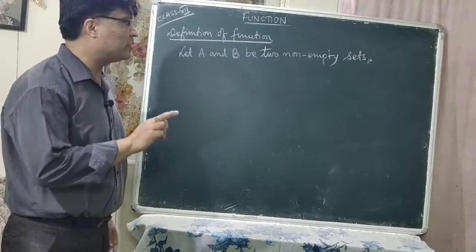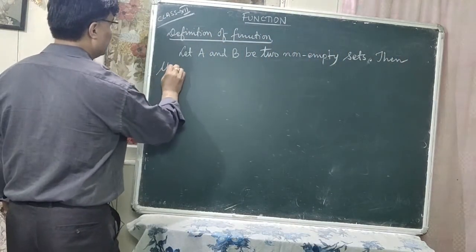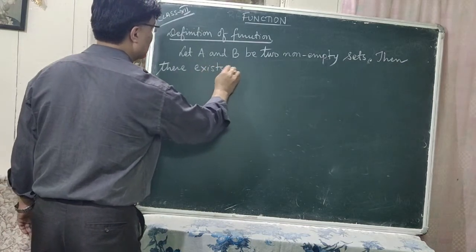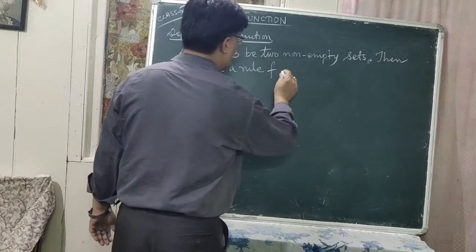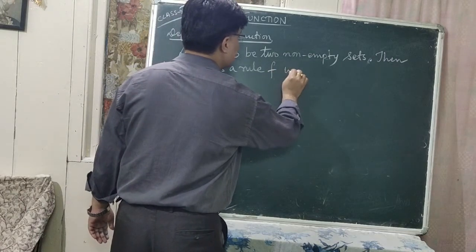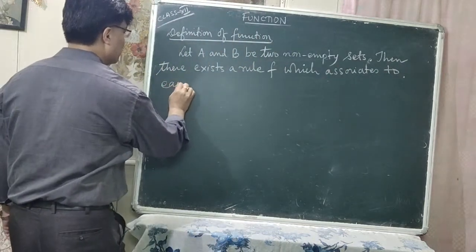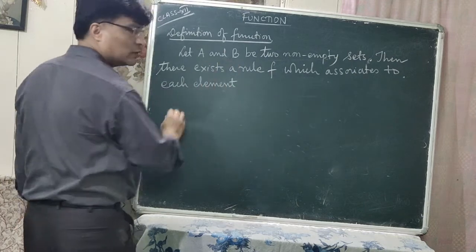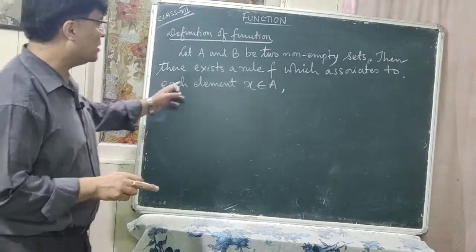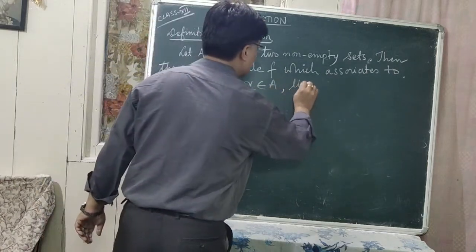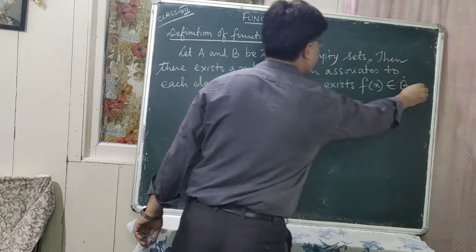Then there exists a rule f which associates to each element x belongs to the set A, there exists f of x that belongs to the set B.